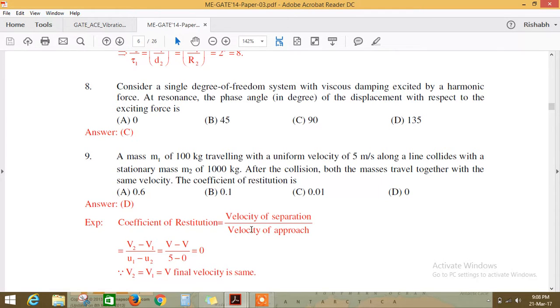After substituting in the formula you will easily get 0. It means no energy is lost because of the collision between the 100 kg mass and the 1000 kg mass. It is actually not possible, but as per the question we are proceeding.